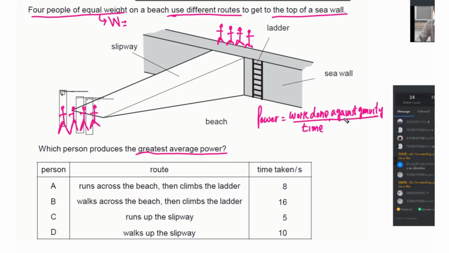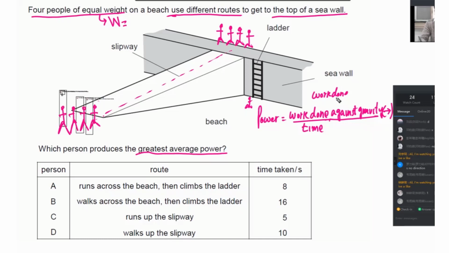So the work done for all these people, even if one person climbs up this way, and another person follows this ladder and goes up, the work done against gravity will be the same. This is the point you need to understand. Work done against gravity is the same because they raise the center of mass by the same height.